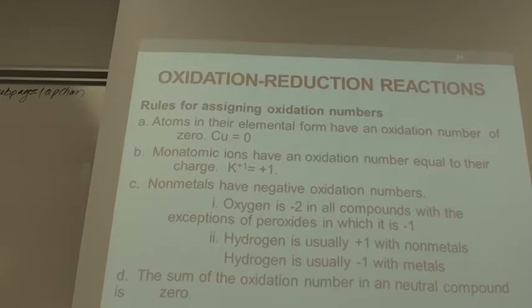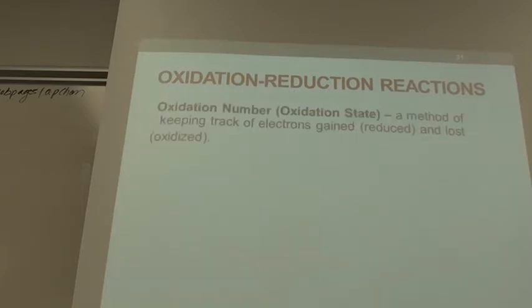Ready? Okay. Do you recall when we talked about the charges of ions? We drew a big slope. And we said that groups 1, 2, 13, 14, 15, 16, 17, and 18 had charges like this.